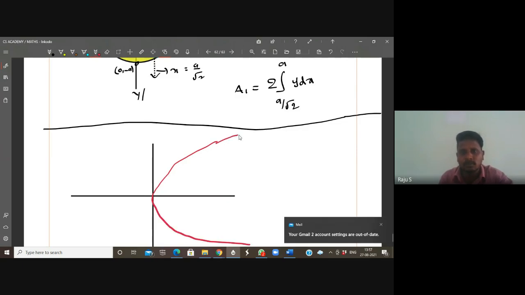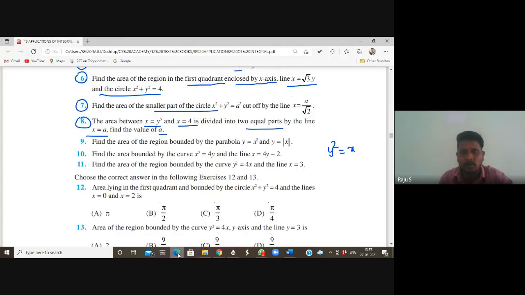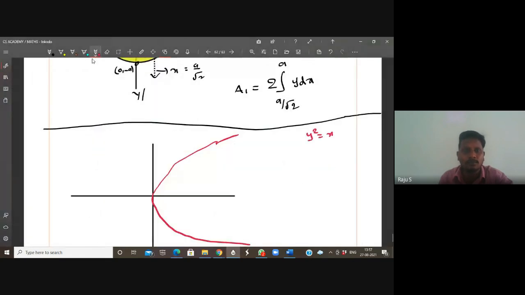So this is the parabola y square is equal to x, that is, x is equal to y square. And I'm going to take the line equation x is equal to 4.